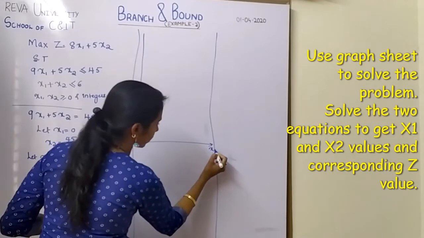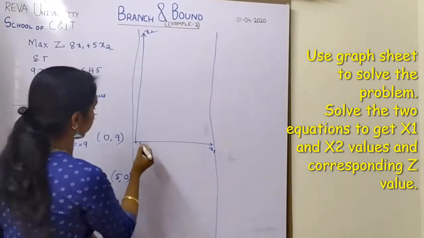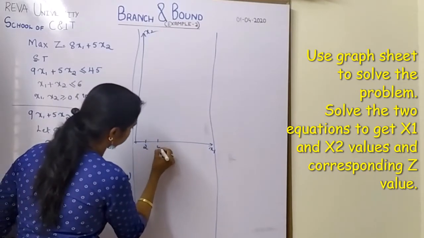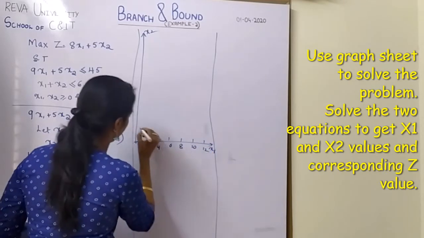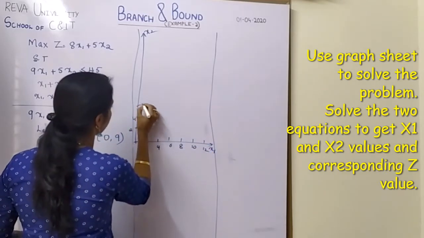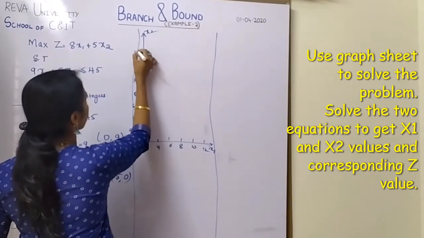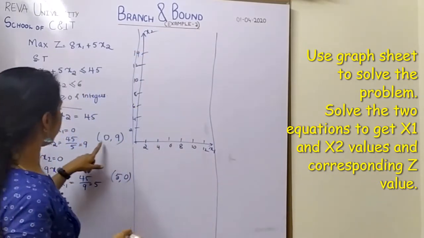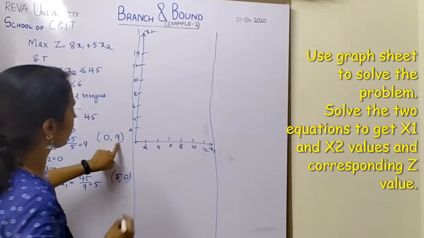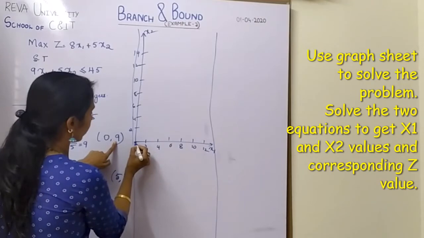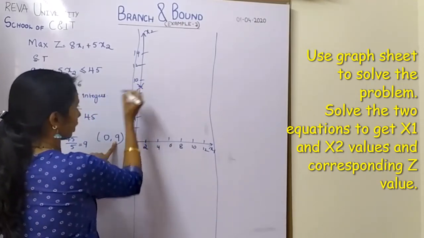I draw the graph here. This is x1, this is x2. Okay, so here 2, 4, 6, 8, 10, 12, 14. Our first point for this equation is (0, 9): x1 is 0 and x2 is 9.